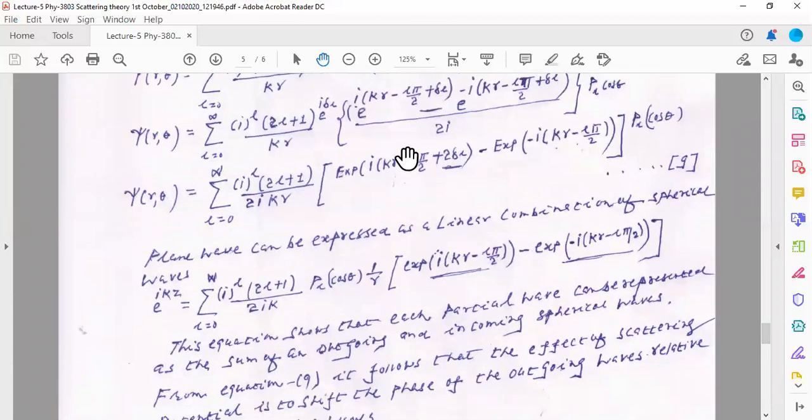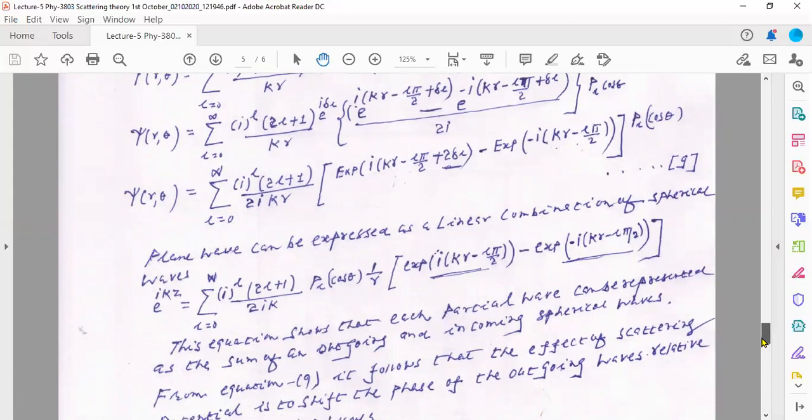Look at the first term. The first term is i into bracket kr minus L pi by 2 plus 2 delta L. This is the outgoing wave, and e to the power of minus i kr minus L pi by 2 is an incoming wave, right?